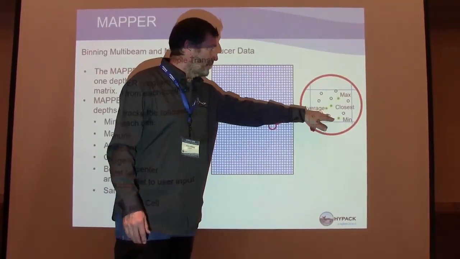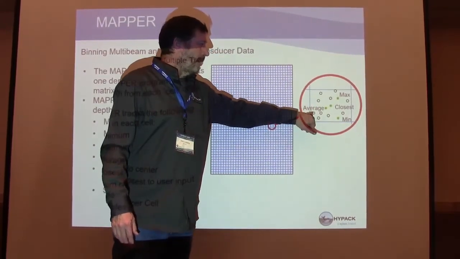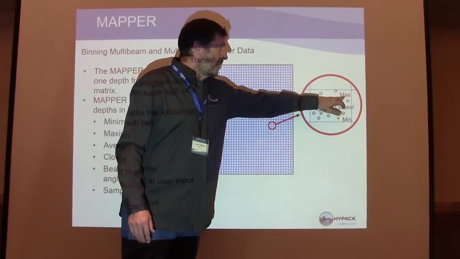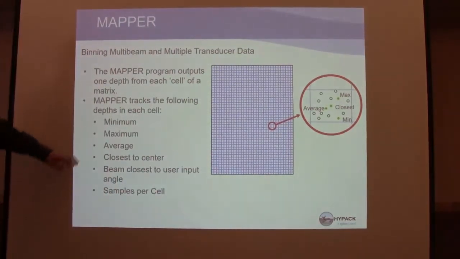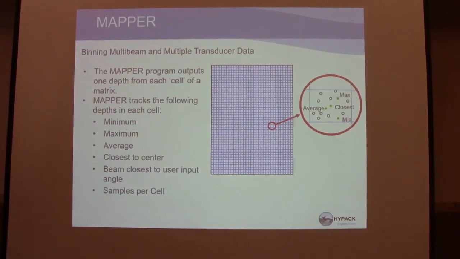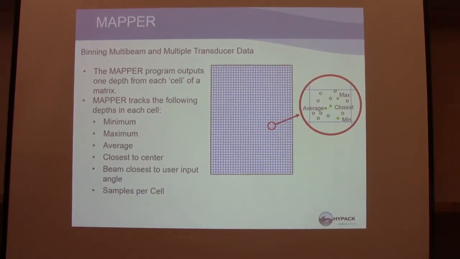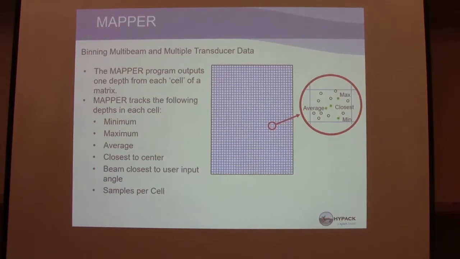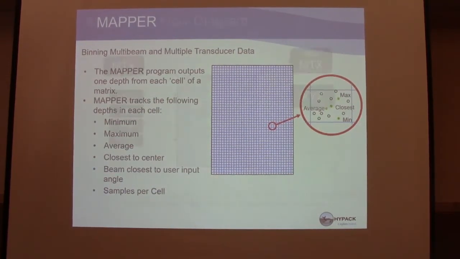So I can go in here and pick and choose whichever one I want: average, closest to cell center, min, max, and so on. Average, beam closest to the user input beam angle, and also you can output number of samples per cell. Sometimes a job might require you to have, I don't know, 3 soundings every 3x3 area or something like that. So you can do that. Just verify that you have complete coverage.